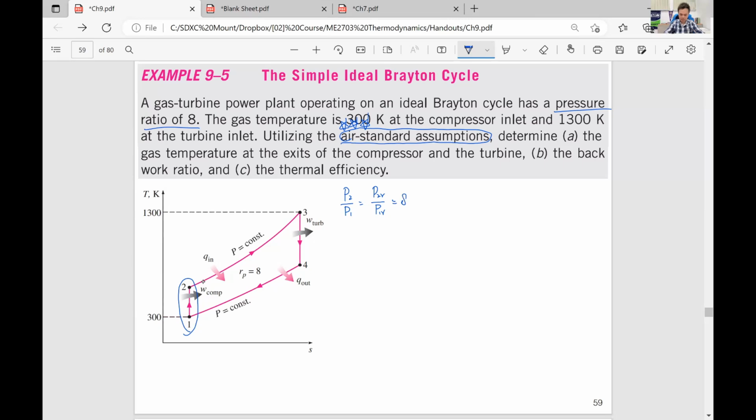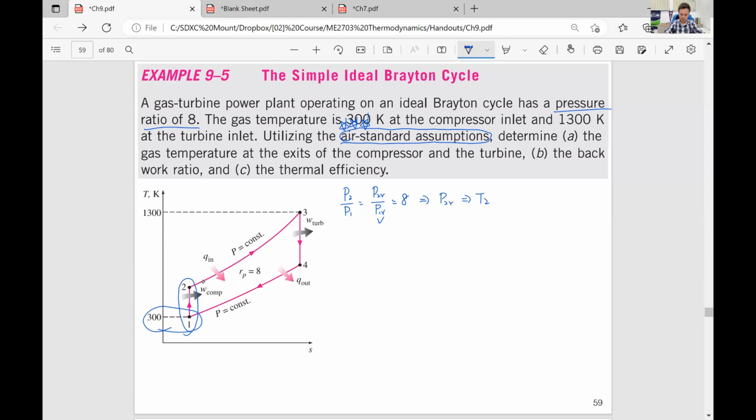T1 is known, so you know PR1. You can use table A17 to get PR1. So we know PR2, then you should be able to know T2.